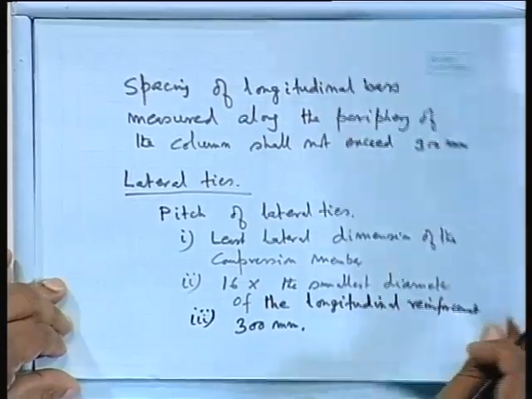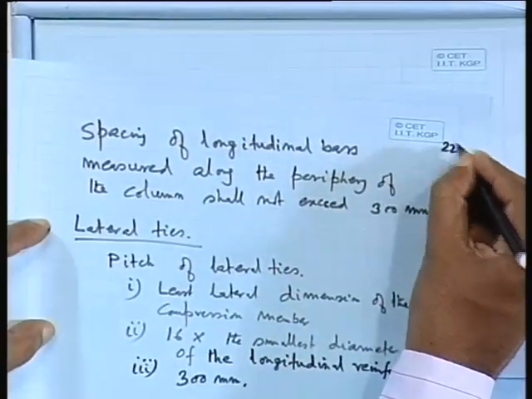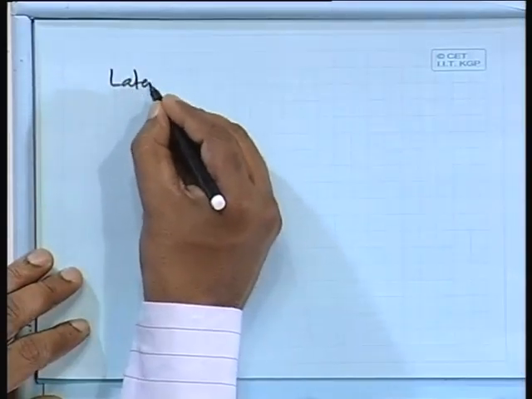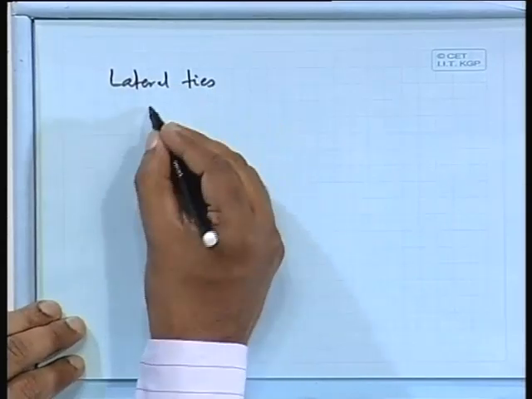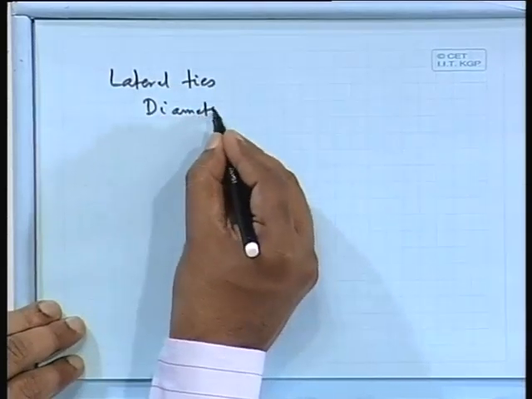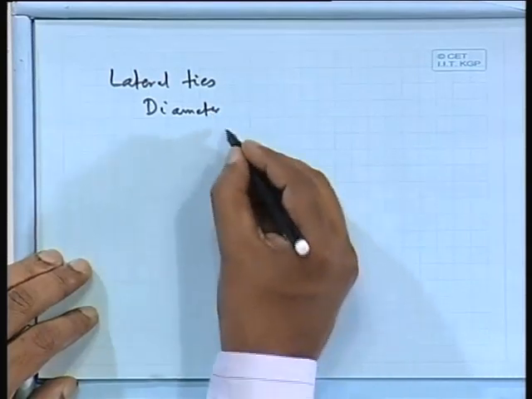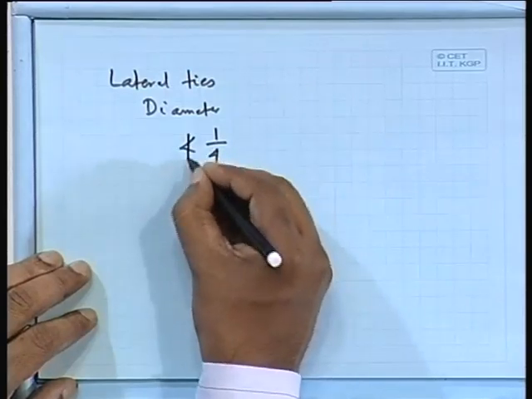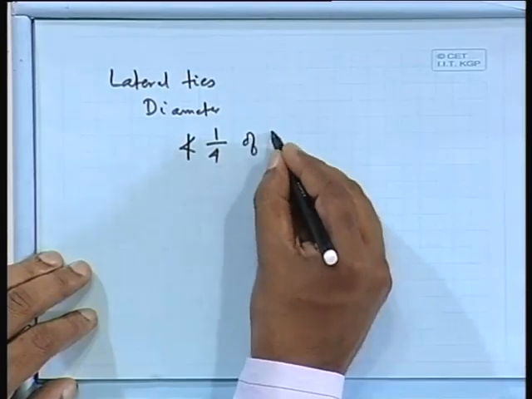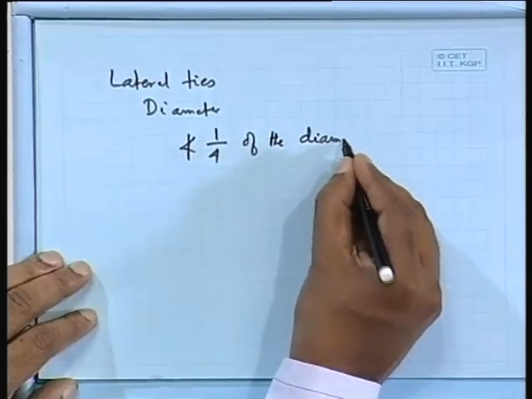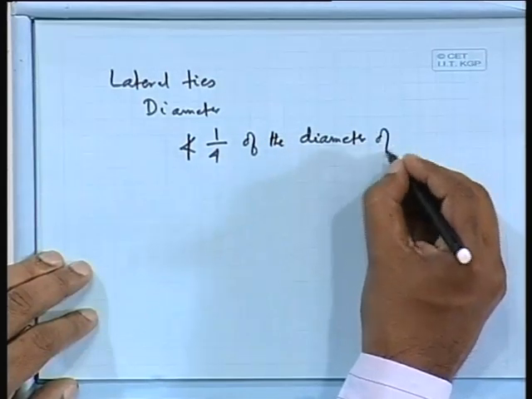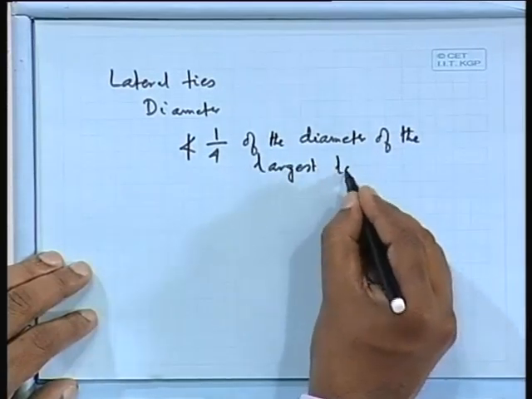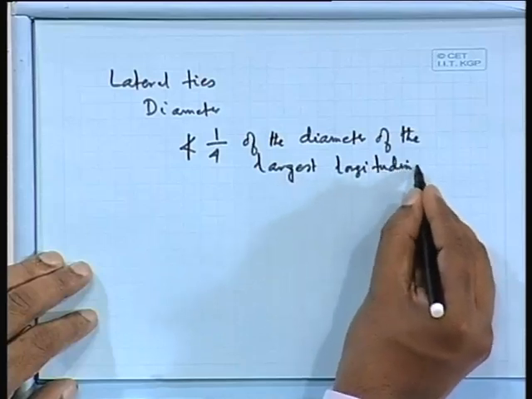But whatever the diameter, the diameter is not less than 1/4 of the diameter of the largest longitudinal bar.